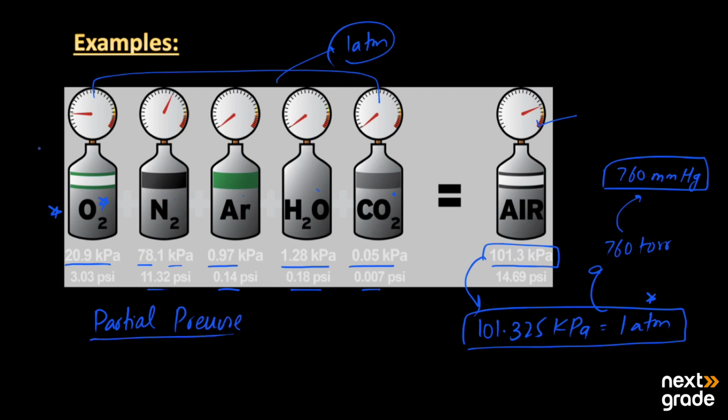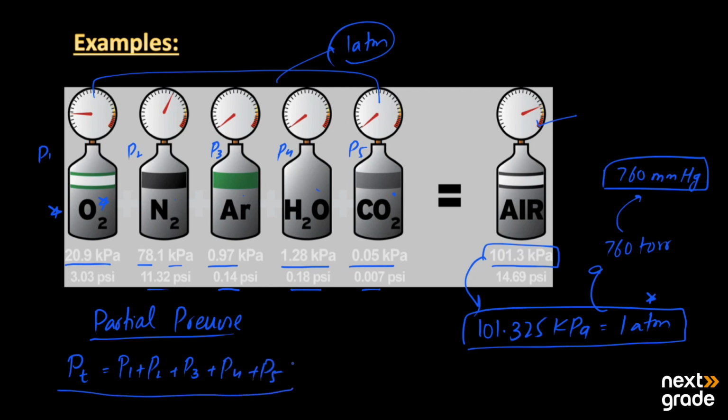And when we take these pressures P1, P2, P3, P4, and P5, the total pressure PT is equal to P1 plus P2, P3, P4, and P5. So this is a simple explanation of the partial pressure, or Dalton's law of partial pressure about the gases. It is equal to the pressure applied by all gases.